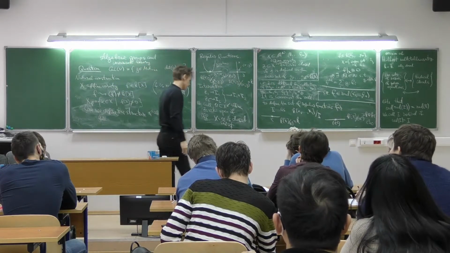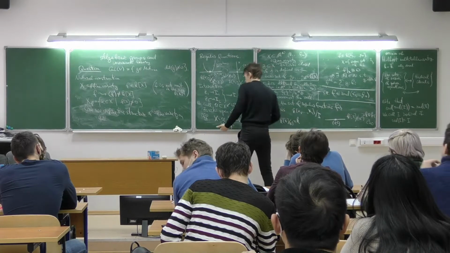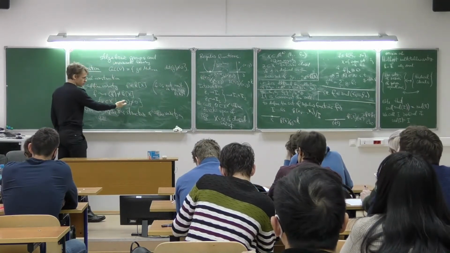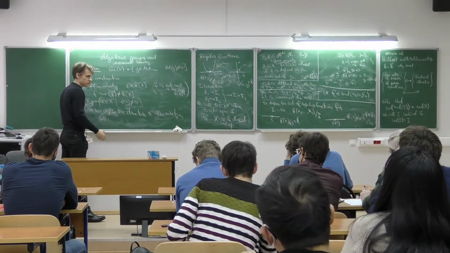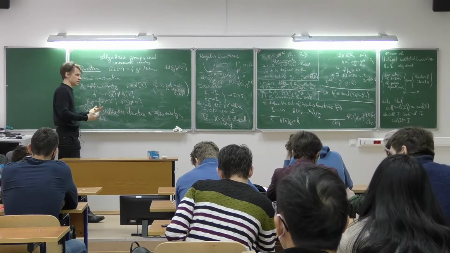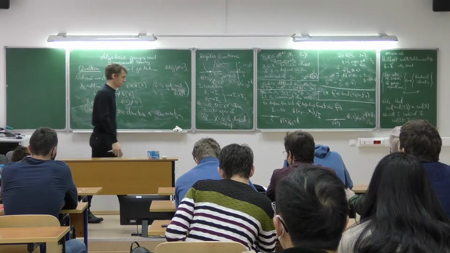And notice that this set is an open subset. It is the collection of points, and a priori it doesn't have any structure of affine variety.